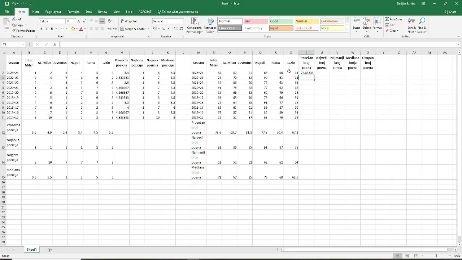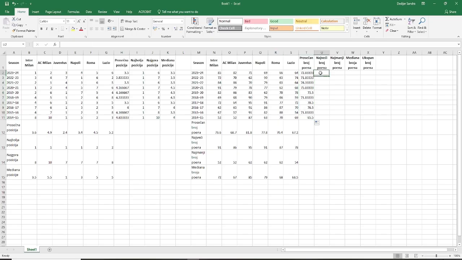We calculate the average for the remaining seasons by dragging the formula. The 2017-2018 season was the most successful one, with an average score of 78.5 points.